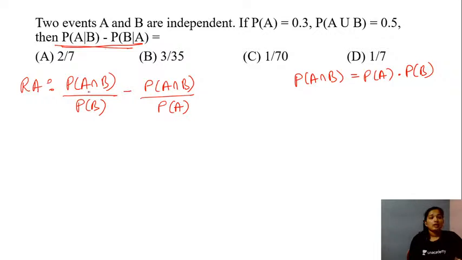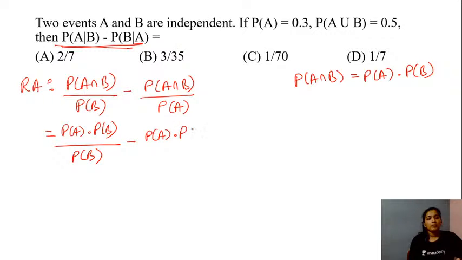Am I correct? Since your given events are independent events, what is the relation that we have? The probability of your event A and B is equal to the probability of A into the probability of B. So substituting the values, you will have this as the probability of A into the probability of B divided by the probability of B minus the probability of A into the probability of B divided by the probability of A. So the terms do cancel out here, right?